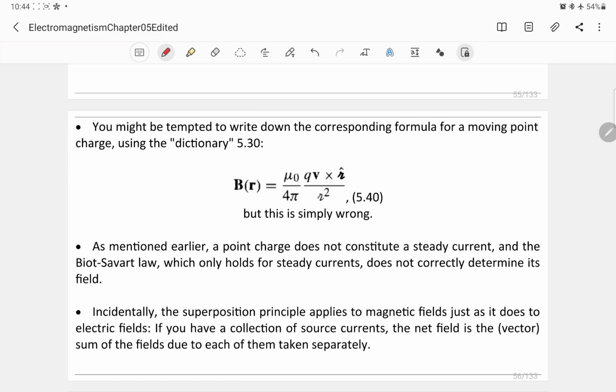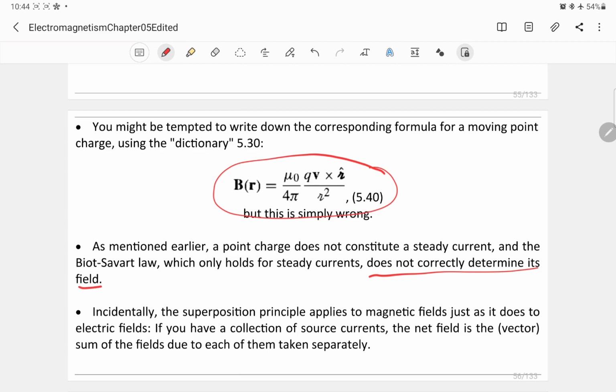By the way, I would just like to point out that you might be wondering why we cannot use this one, because, as discussed, a point charge does not constitute a steady current, and the Biot-Savart law, which only holds for steady current, does not correctly determine its field.